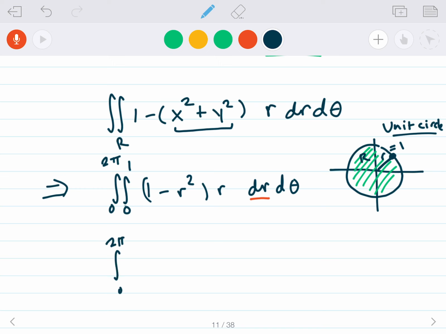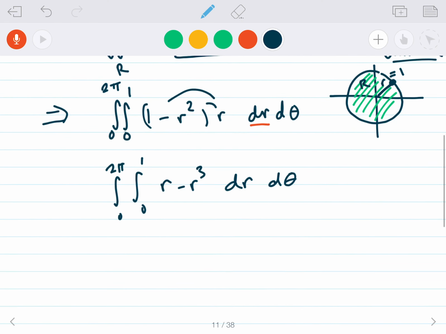Let's go ahead and do this. This is always the easy part, I think, just evaluating the integral. If I distribute that r in there, I get r minus r cubed. We're going to integrate with respect to r first, and then with respect to theta. So when I do the integral with respect to r, I get r squared over 2 minus r to the 4 over 4, going from 0 to 1.